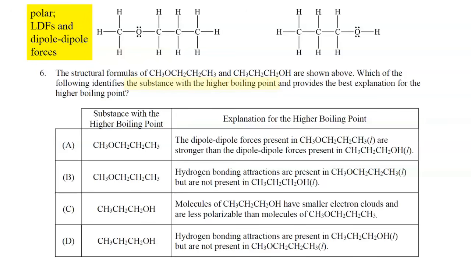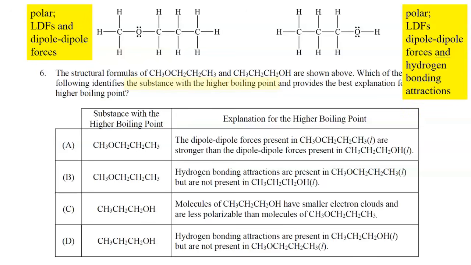And so since there's not a significant difference in the overall size of the electron clouds, then the substance that should experience stronger intermolecular attractive forces is the one on the right, because in addition to London dispersion forces and dipole-dipole forces, that substance on the right can also experience hydrogen bonding attractions.